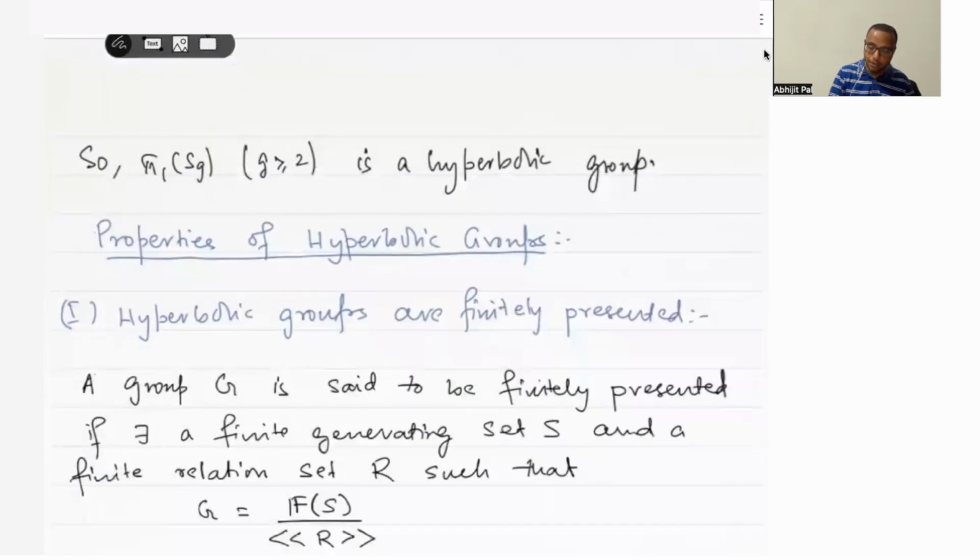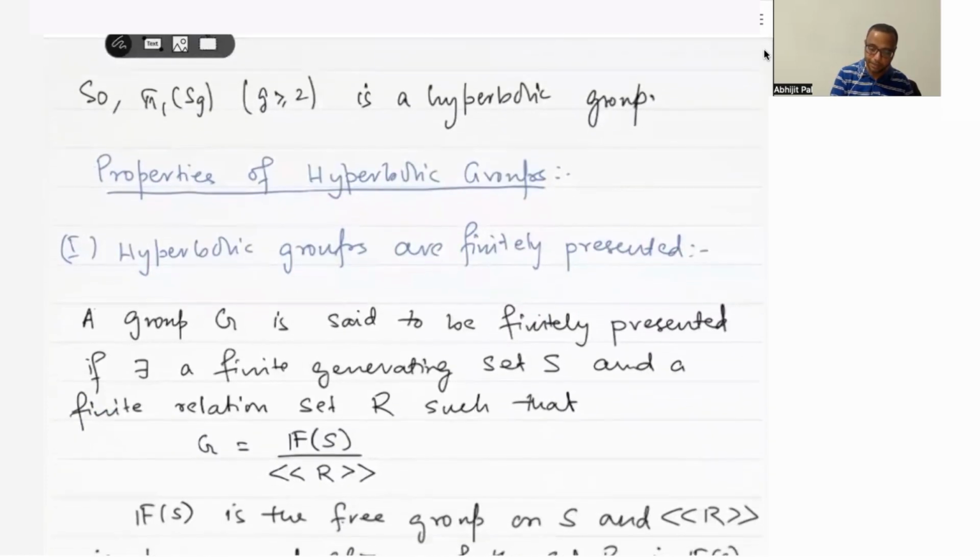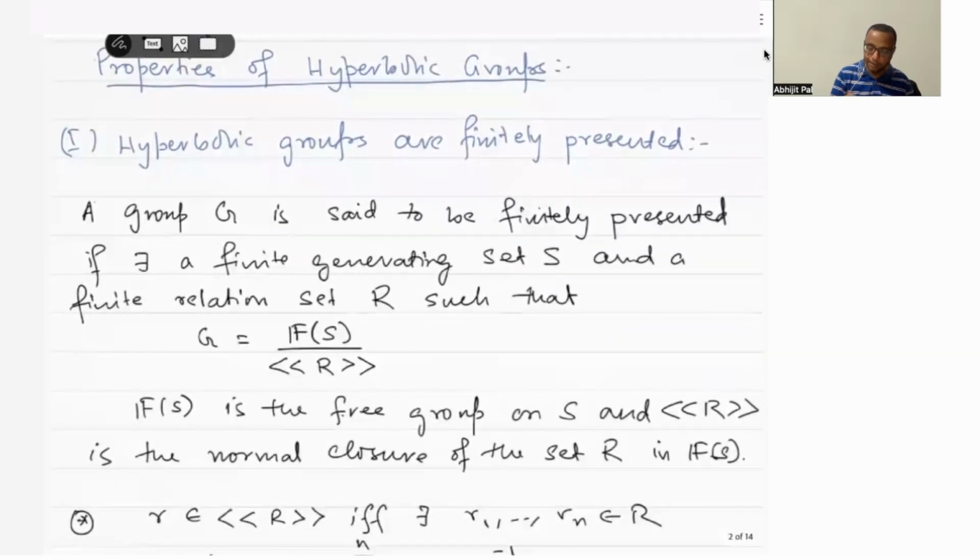Okay. So next, we are going to prove that these hyperbolic groups are finitely presented. First of all, recall the definition of a finitely presented group.